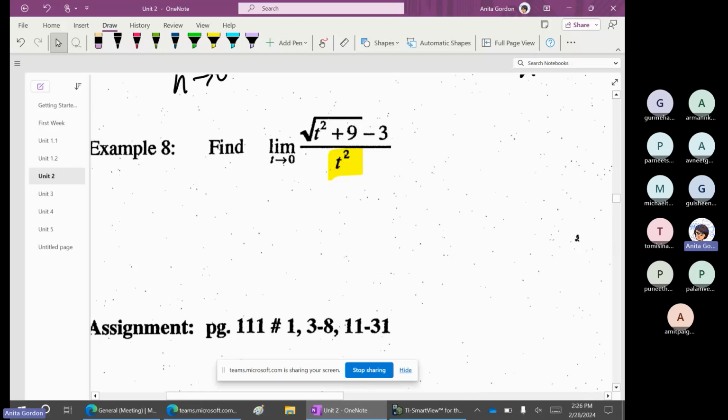Okay, I cannot factor this. I cannot cancel any common things. I'm going to ask you to rationalize the numerator.